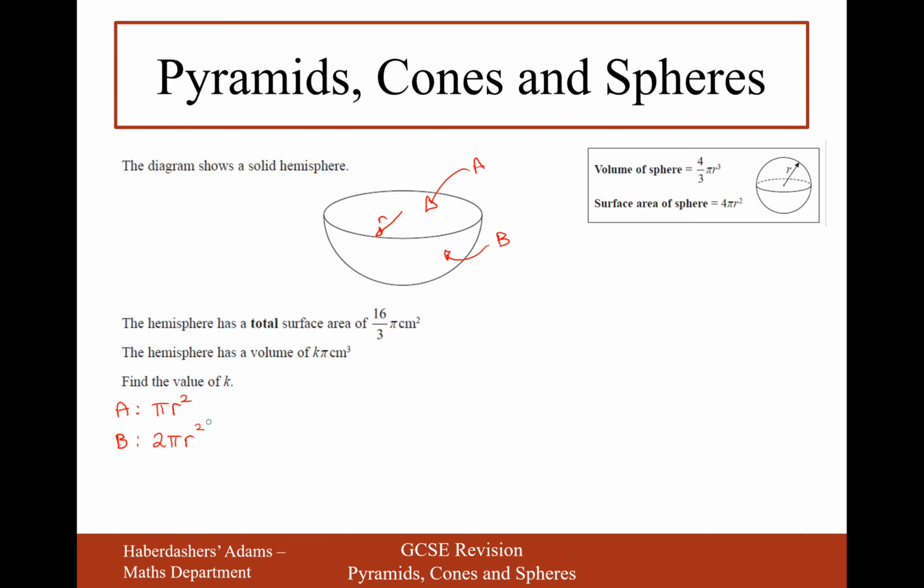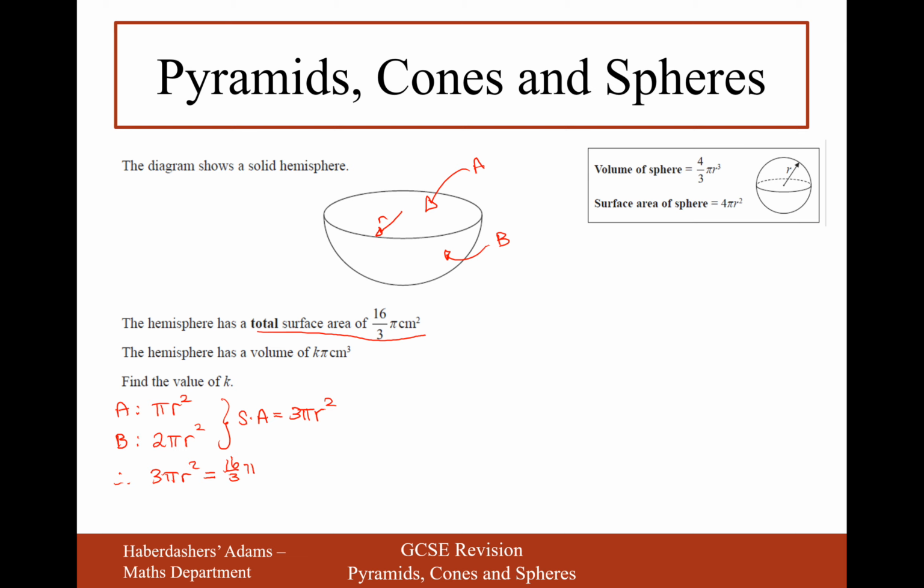So in total here, the surface area equals 3 pi r squared. So the total surface area is given by this expression here.